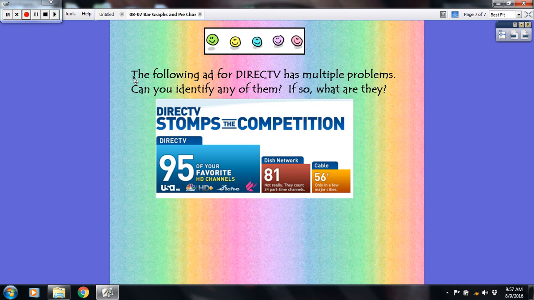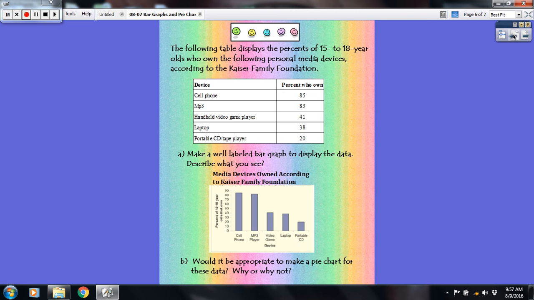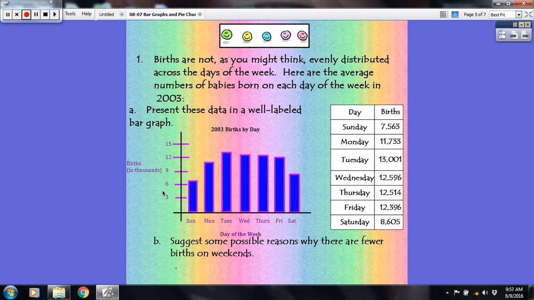Why? Well, whenever we're talking about a bar graph, first of all, we have our axes labeled. Not here. And the heights and widths have meaning. So when I'm talking about a bar graph like the one that we made earlier, the width of each bar is the same.